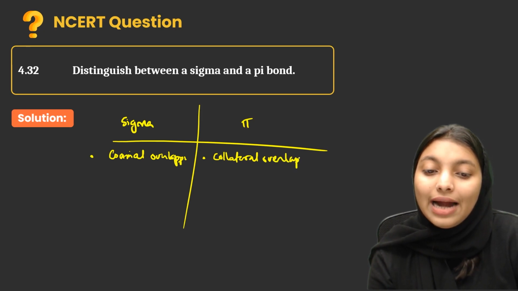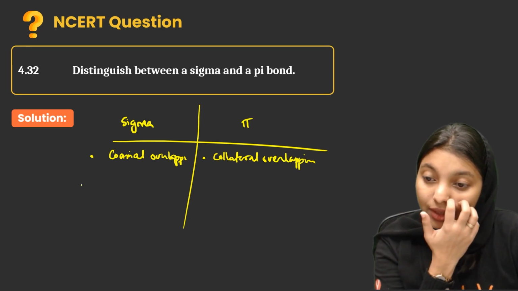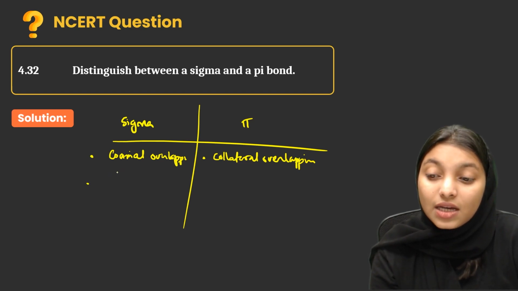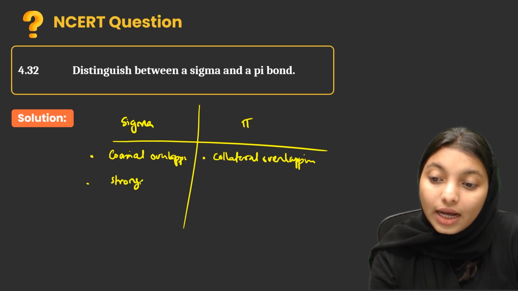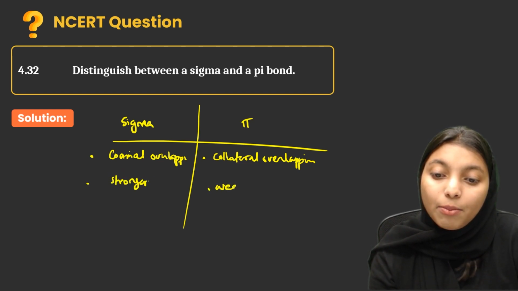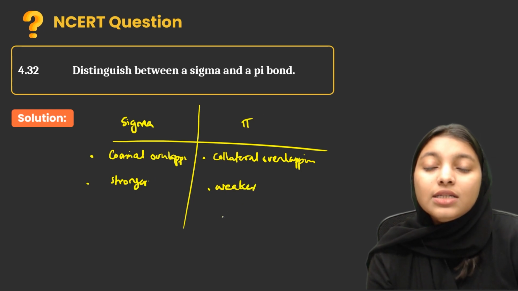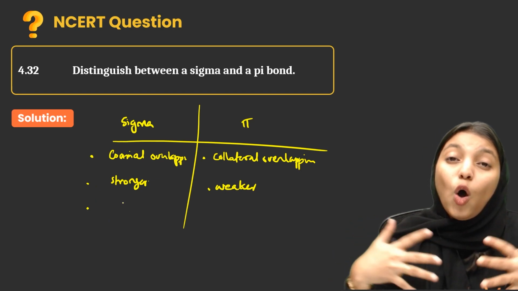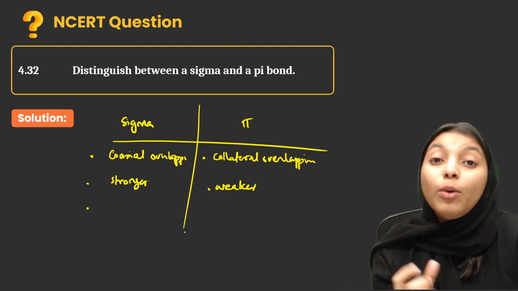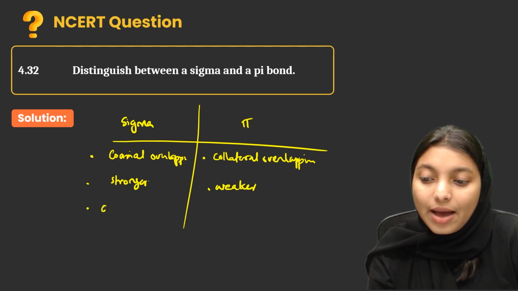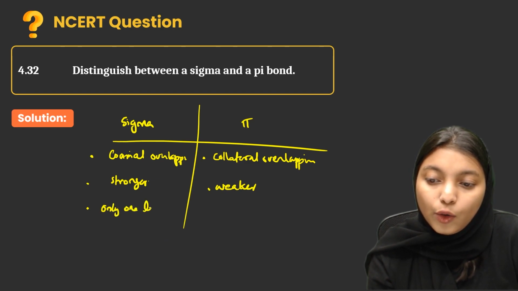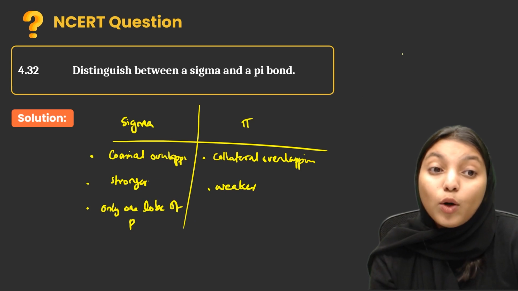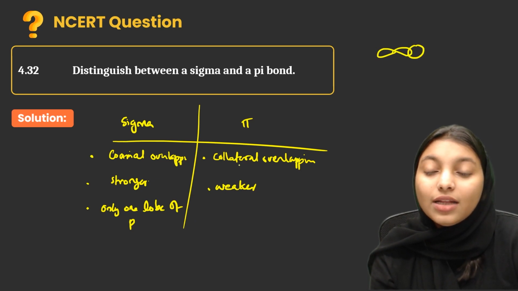When it comes to bond strength, the sigma bond is stronger compared to the pi bond. The pi bond is weaker. Regarding the overlapping, only one lobe of the p orbital is overlapping for sigma bond formation, not the other one.